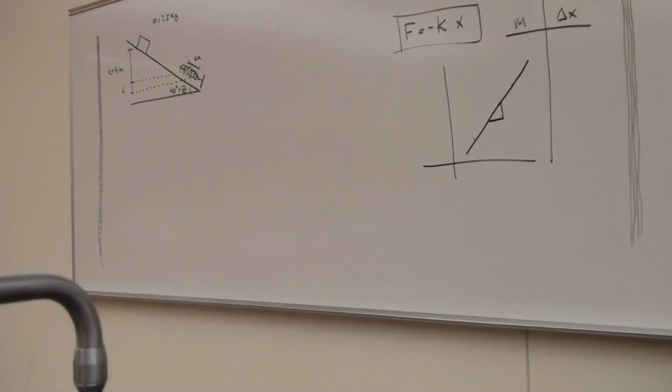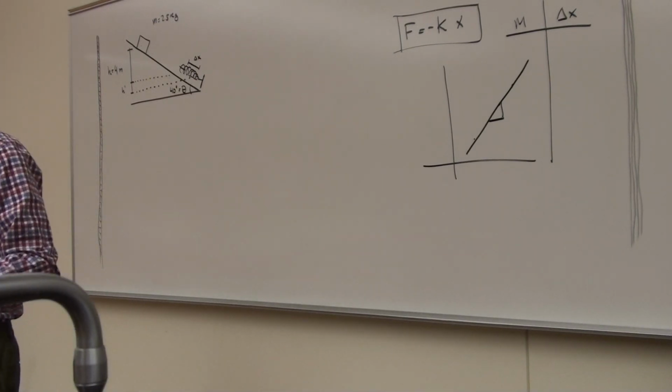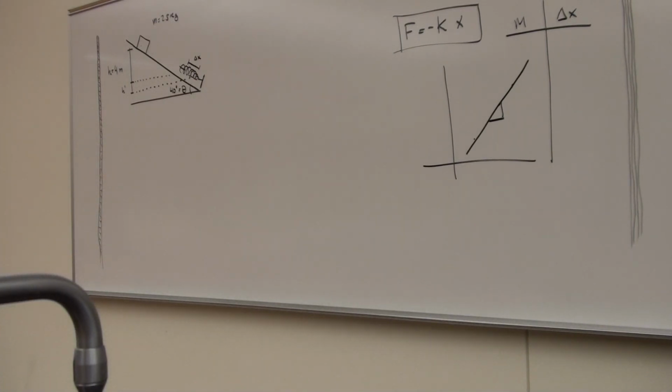When I pull the weight lower, I'm applying a force to the spring, but there is a restoring force from the spring trying to bring it to its position of equilibrium, right? Okay?